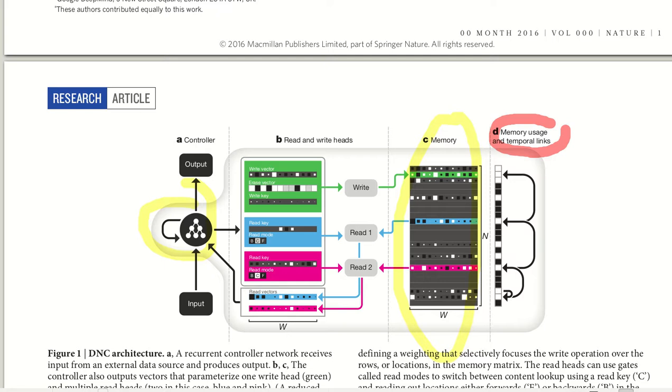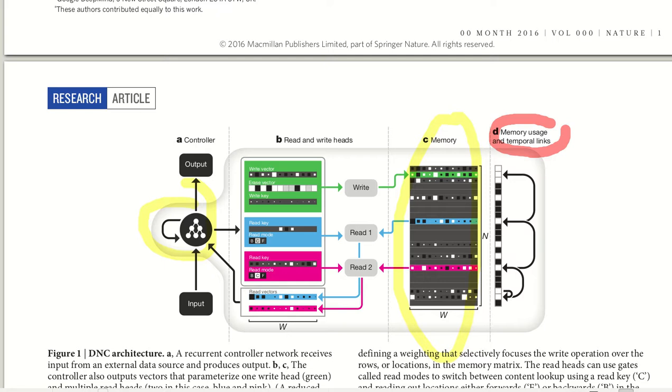So the output is not just dependent on the hidden states, the recurrency of the controller, but also on these read vectors from the external memory. These vectors are the ways that the controller has to interface with the memory. We're going to go through those in a moment.